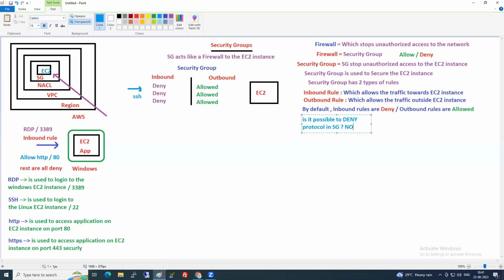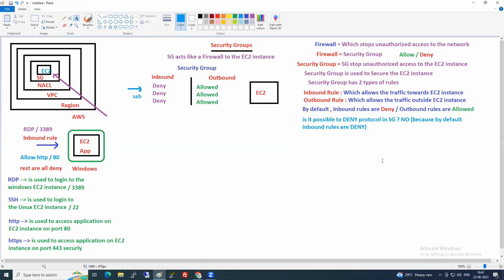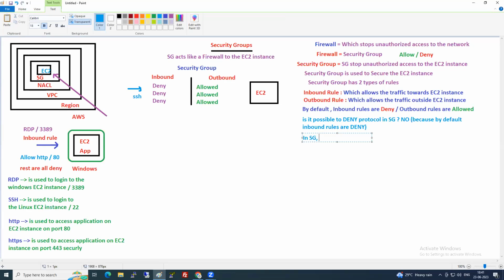Answer is no, because by default, inbound rules are deny. Getting it? So in a security group, we can only allow protocols, not deny.